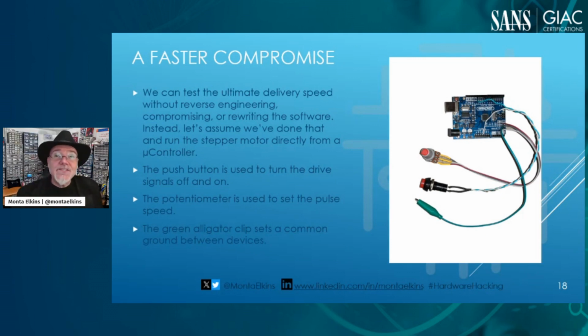So the fastest way to find out is I built another control board for that stepper motor. And that's this right here, so that I can control how fast I want to try to run that stepper motor and see if it can keep up.